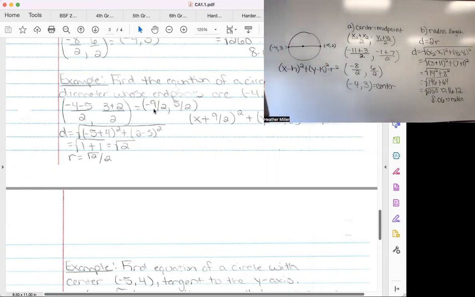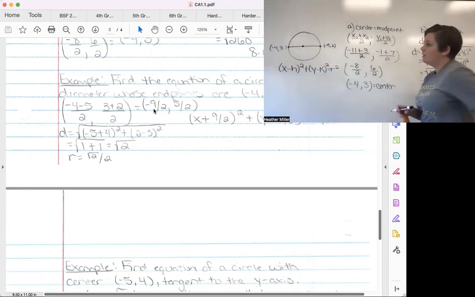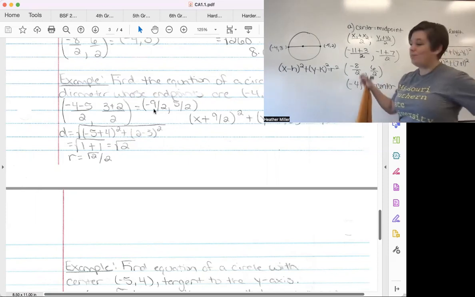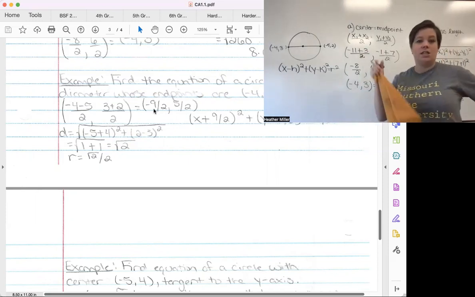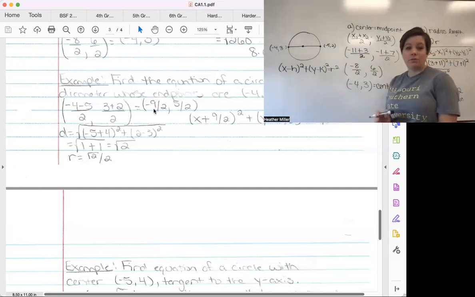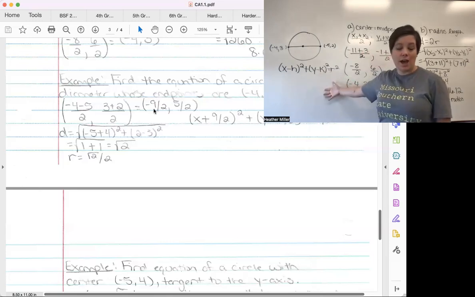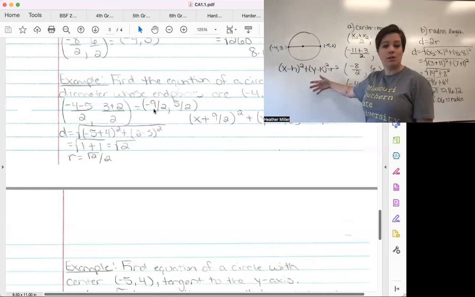Those are our endpoints, and yes, those are probably backwards based on how I drew the picture, but that's okay. So we have the endpoints. They didn't give us the center. They didn't give us the radius. They didn't give us any of that information, and we need it because our center is h, k and our radius is r. So we have to have that information in order to give the equation.